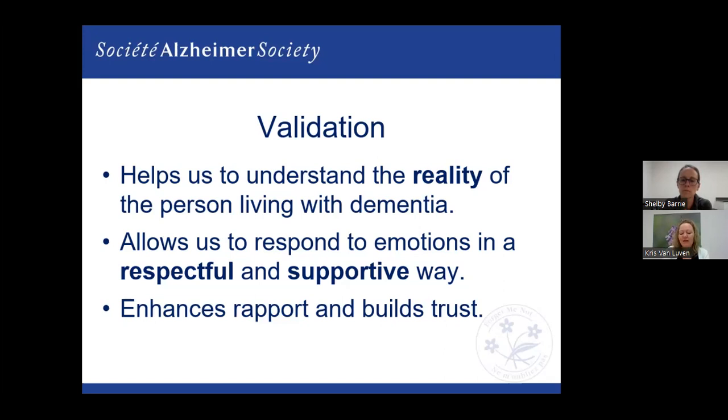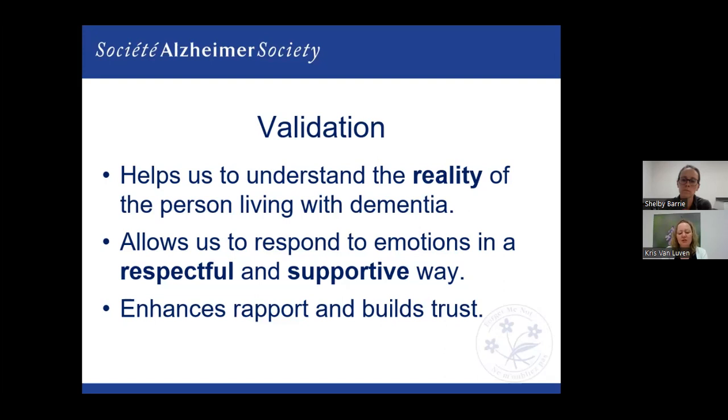It's helpful to validate how the person is feeling at that moment in time, and to respond in a respectful and supportive way to their emotions, rather than correcting the facts of what it is that they're saying. It's important not to dismiss, minimize, or ignore the person's perspective, feelings, or experience.